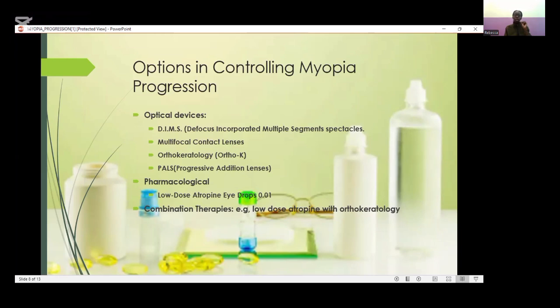Orthokeratology is achieved through contact lenses that are formed in a way that they will shape the cornea, the front part of the eye. What they do is flatten the cornea. The force from the contact lens is able to make the front part of the cornea flat, and when it's flat, this changes how light interacts with the eye.